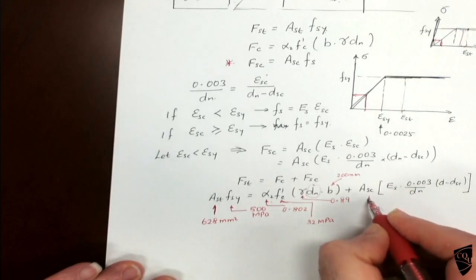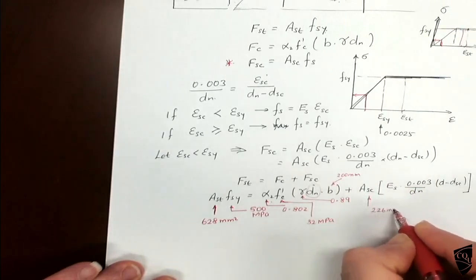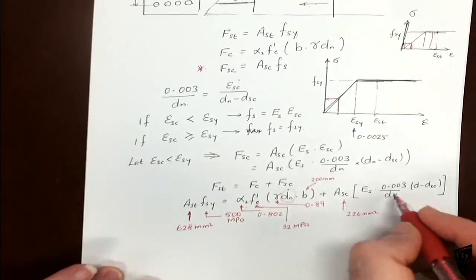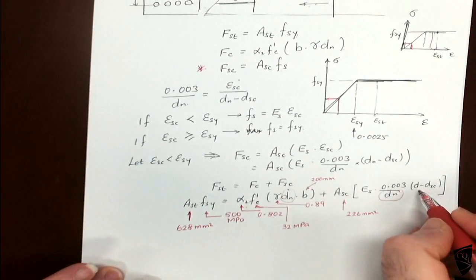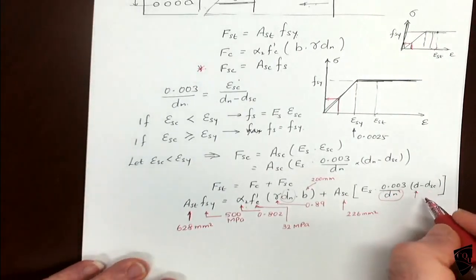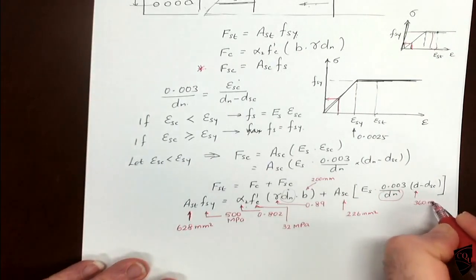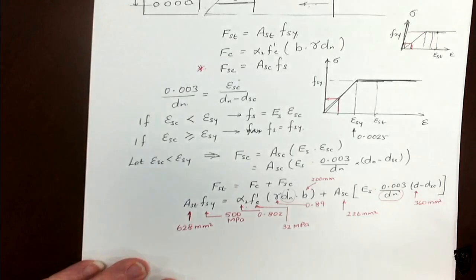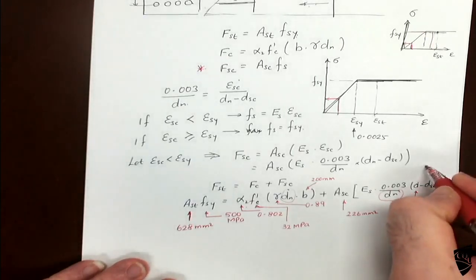Asc is given 226. d is given as 360. dsc is given as 40.